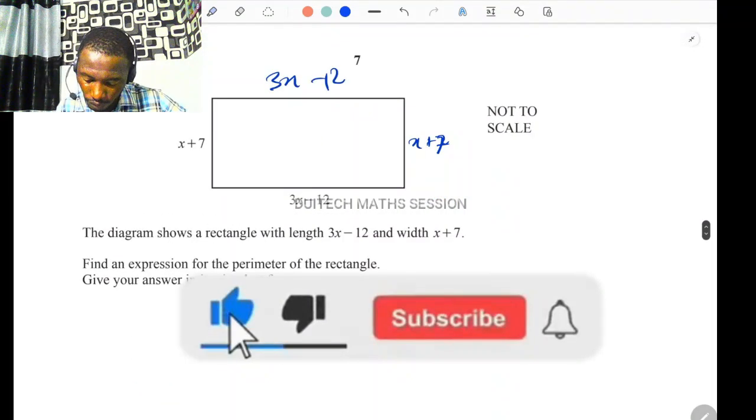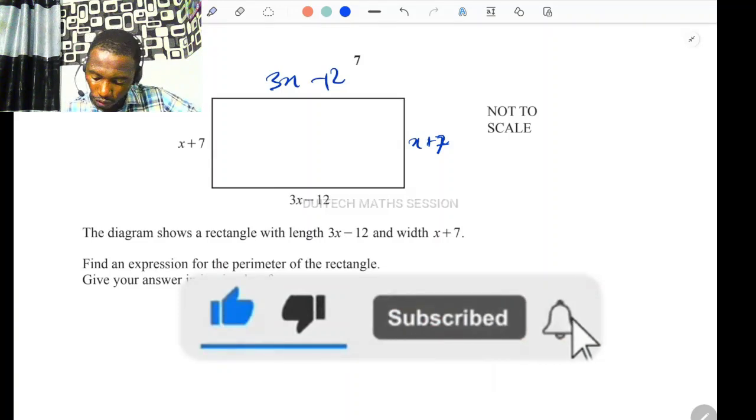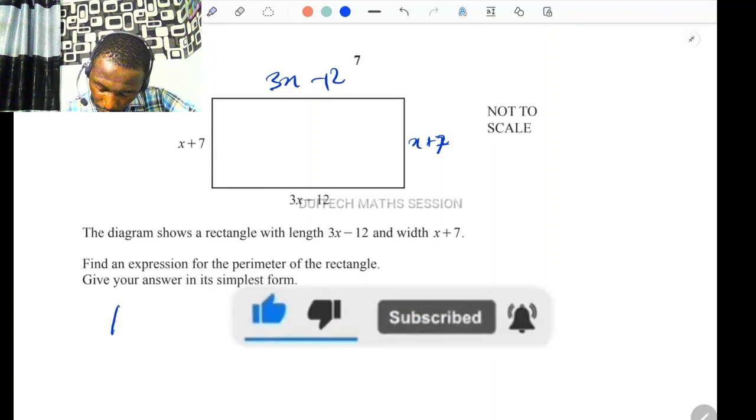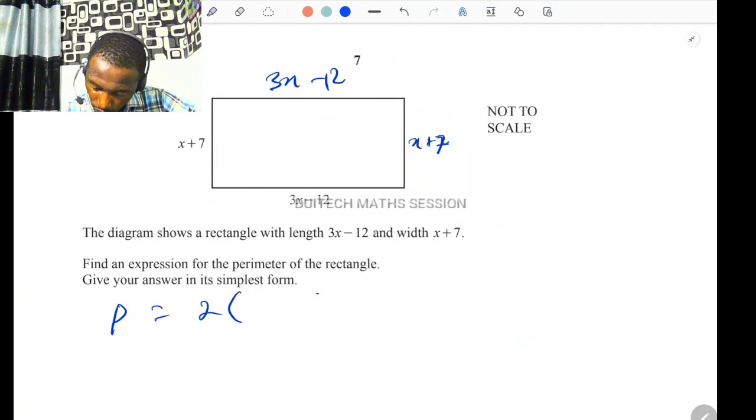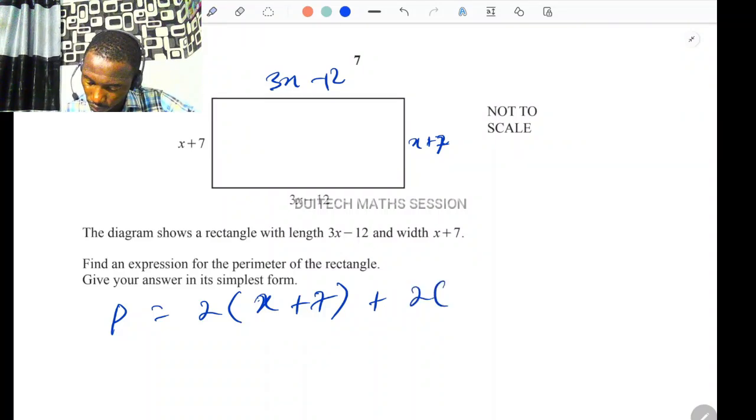So 16 says we should factorize, so our perimeter is equal to 2 in bracket x plus 7, plus 2 in bracket 3x minus 12. So here I have 2x plus 14 plus 6x minus 24.